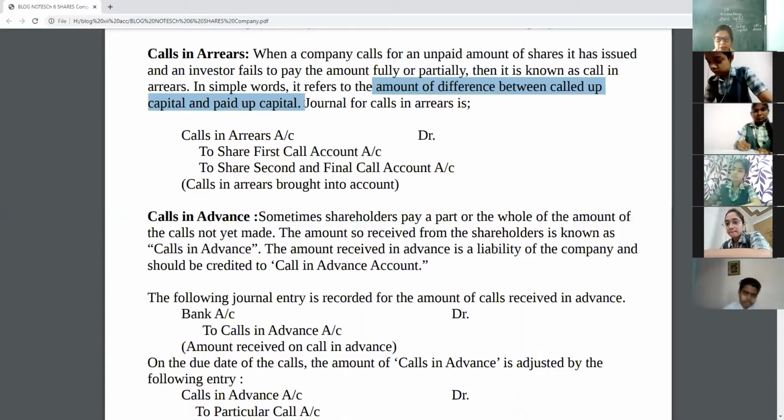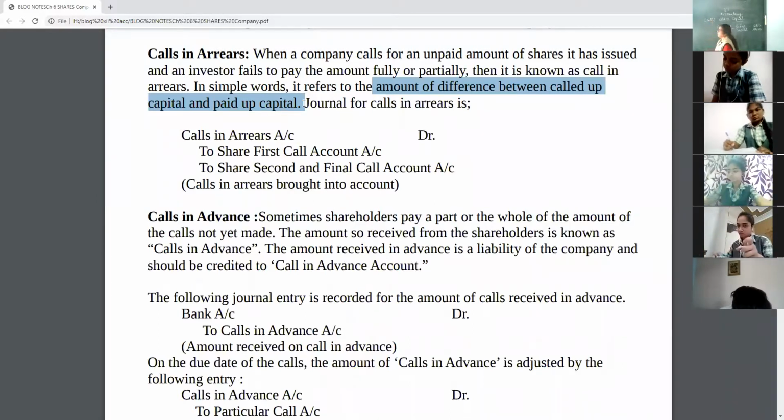X Limited called a first call of rupees on 10,000 shares.